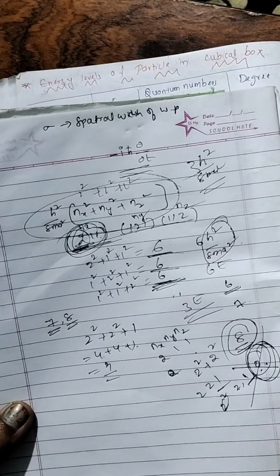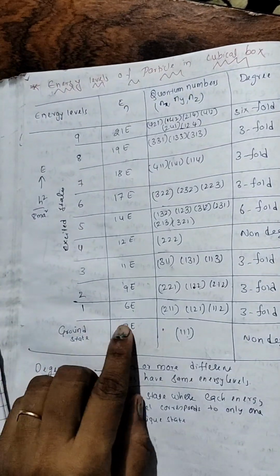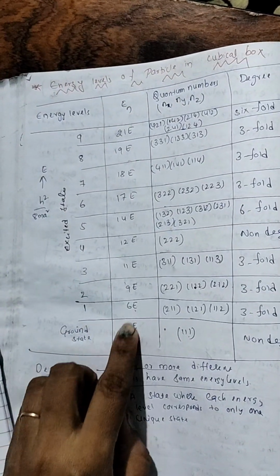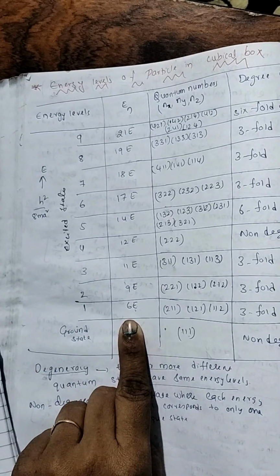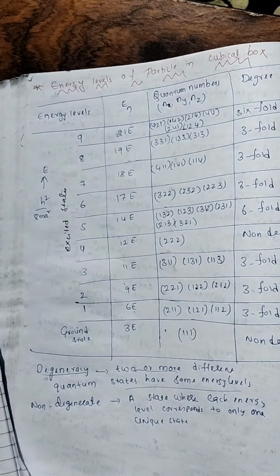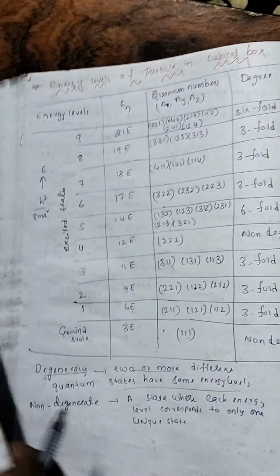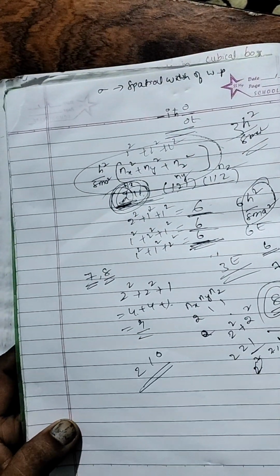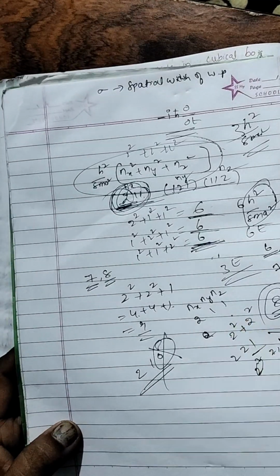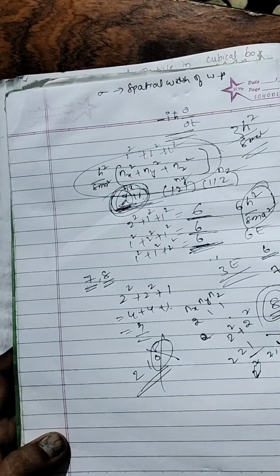So this combination is not allowed. See, after 3, we wrote 6. 5 is not possible, because one of the quantum numbers has to be 0. The 2, 1, 0 combination gives 5, but the quantum number cannot be 0, so this is not possible.